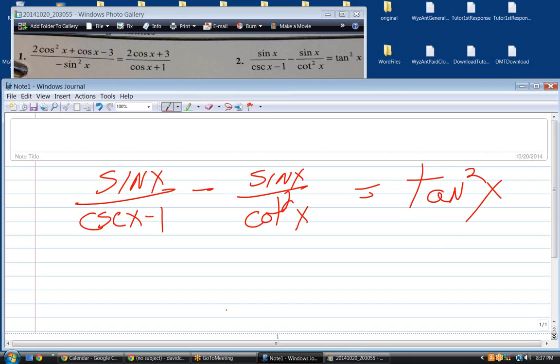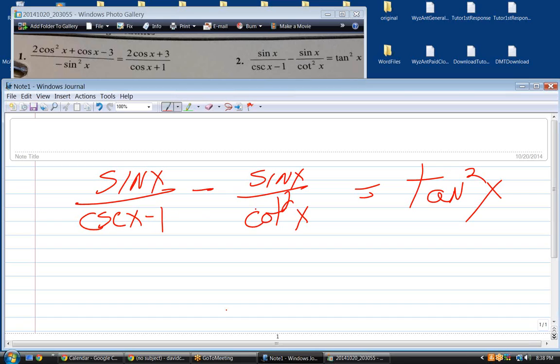Alright, so sine x over cotangent squared. Cotangent is cosine squared over sine squared. So that would become sine cubed of x over cosine squared. That doesn't seem to get us anywhere. Let's see. If I multiply by the conjugate, then I'm going to have cosecant squared minus 1, which I'll be able to replace with cotangent.